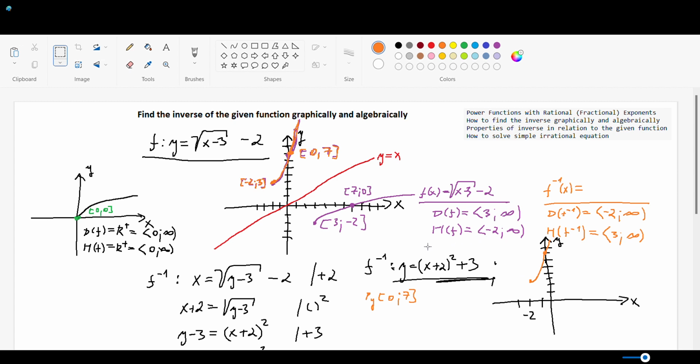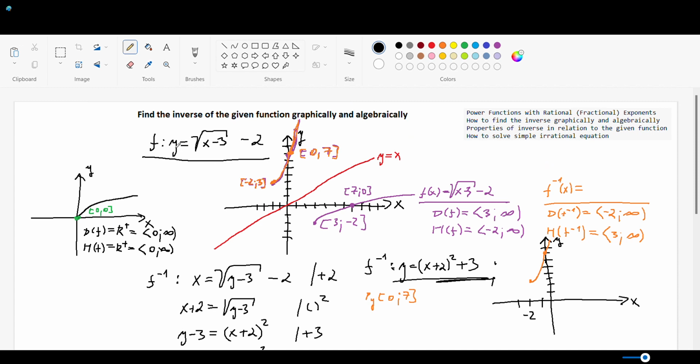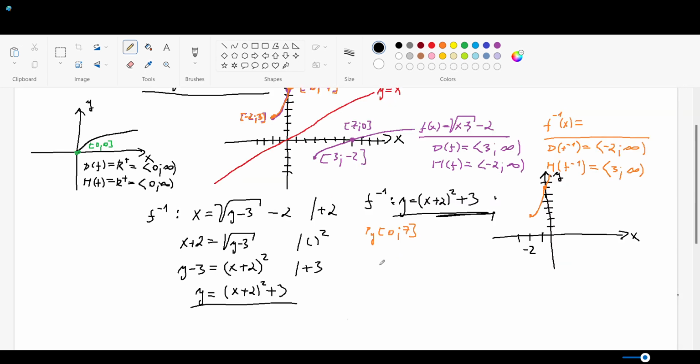And how can we find that this is the solution? Look, it's very simple, because this is our given function, and as there is the square root of x take away 3, and we know that the square root function is defined only if the expression under the square root is greater than or equal to 0, then it must be true that x minus 3 must be greater or equal to 0.